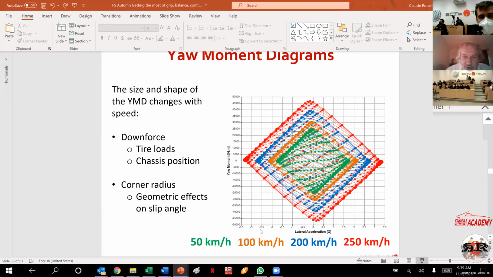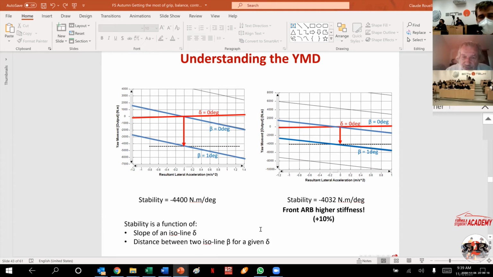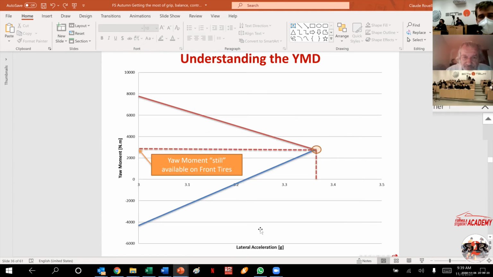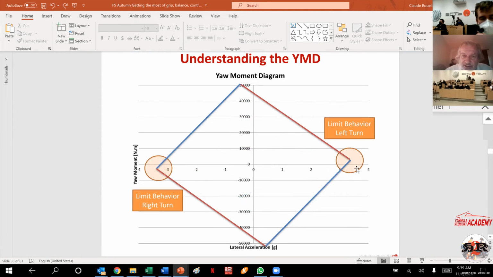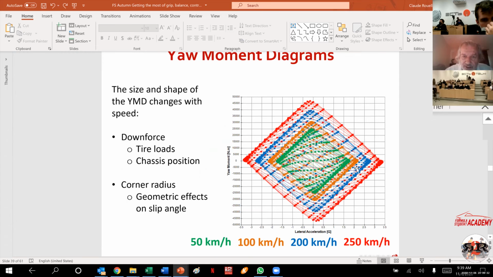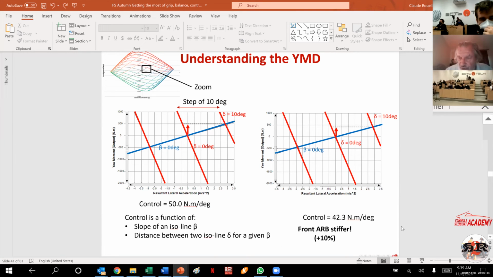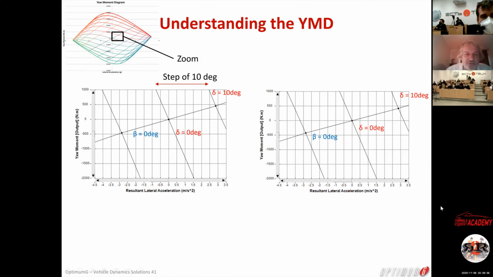So let me go back to the graph here. I'm going to move on beta 0, and I'm going to go from delta 0 to delta 1. Let me do that with some animation.